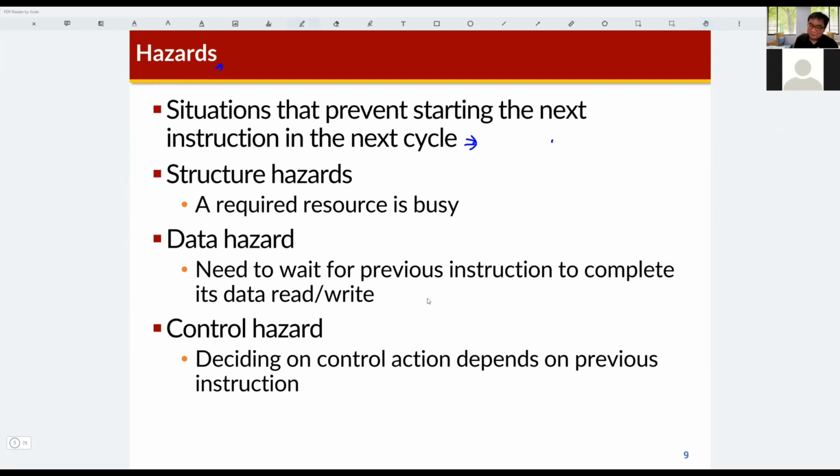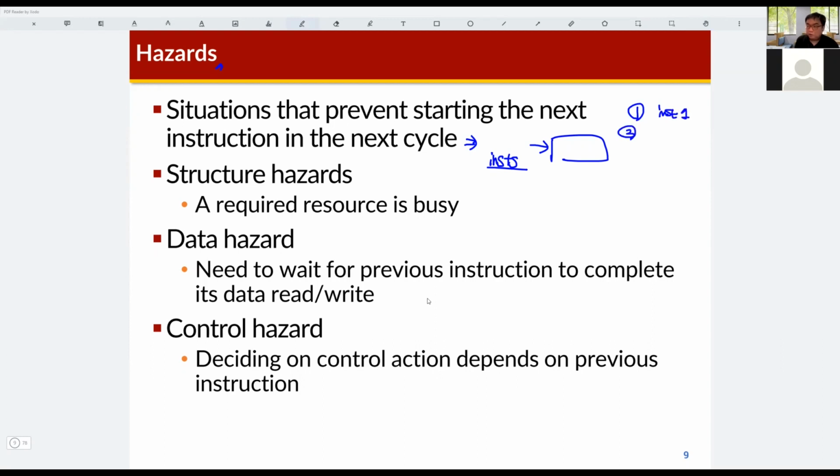This is the processor, and the processor receives instructions. We assume that a processor can receive a single instruction every cycle. So in cycle number 1, this processor can receive instruction number 1.